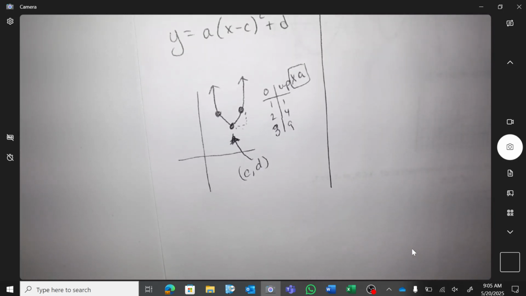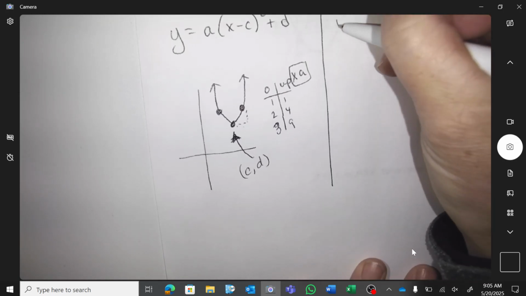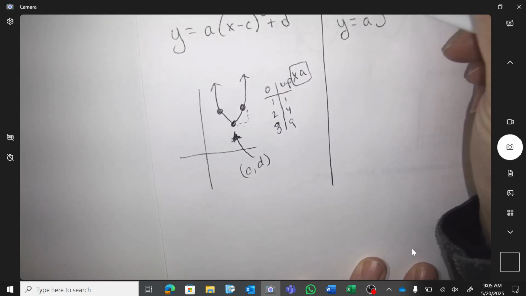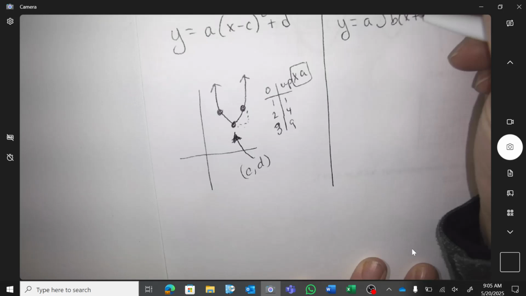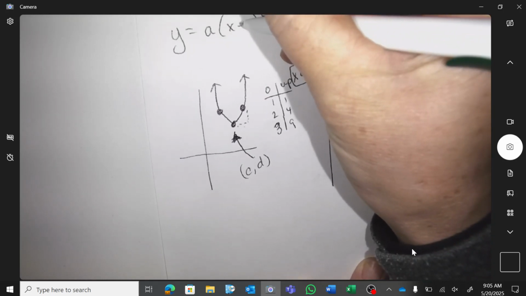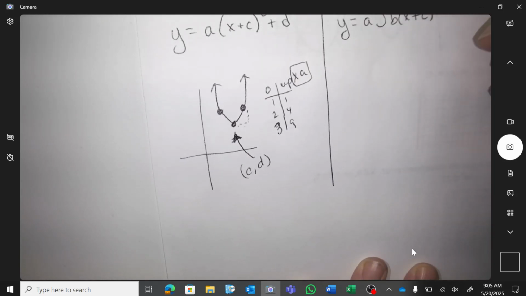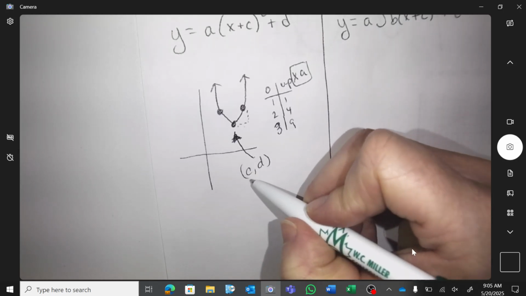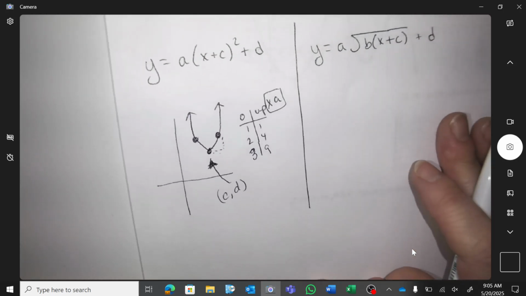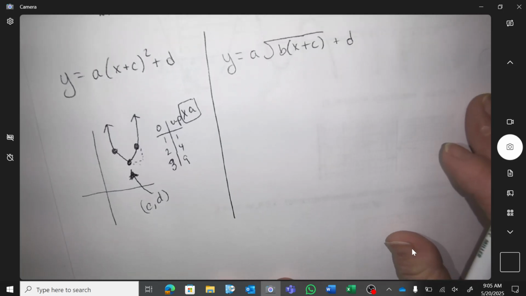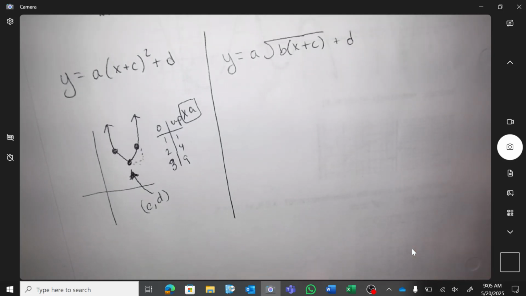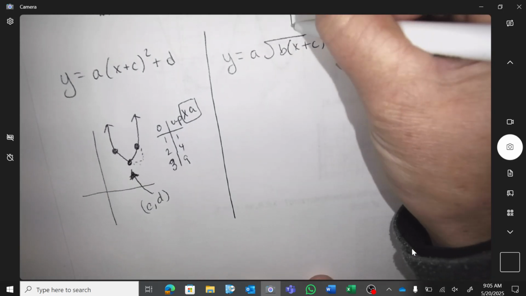Square root function is reversing that, because squaring and square rooting are complete opposite math processes. Sorry, I should have done a plus C there before. Okay, so this is a radical.